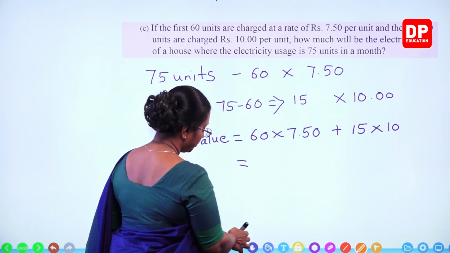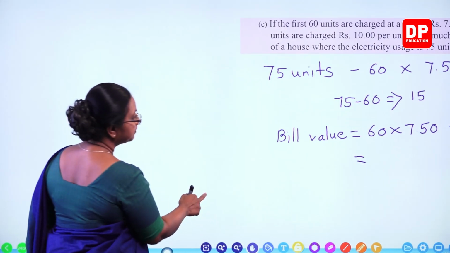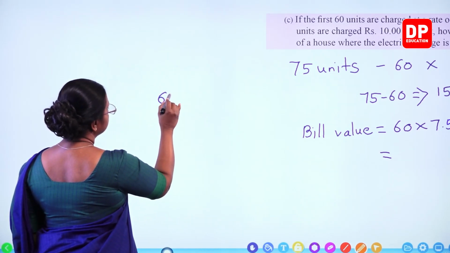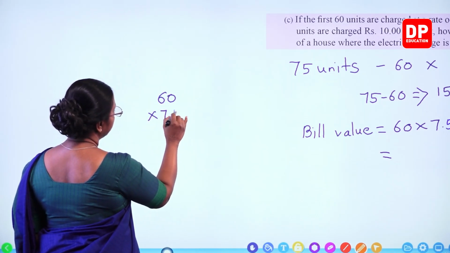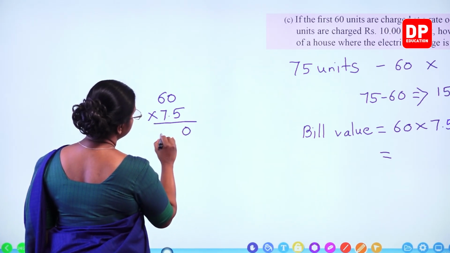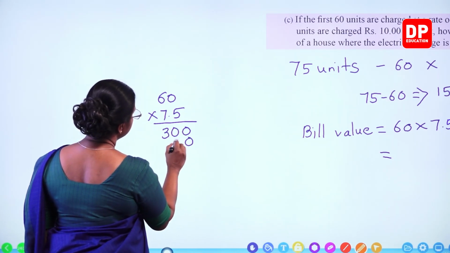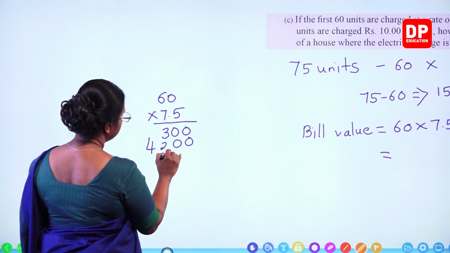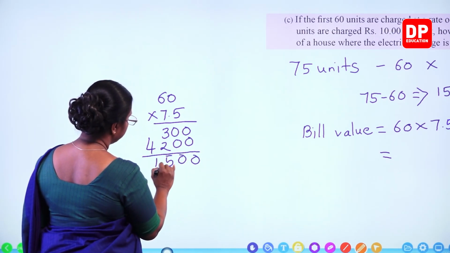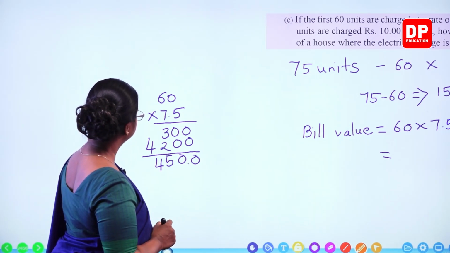So that is going to be, if we multiply 60 into 7.5, that is 450 rupees.